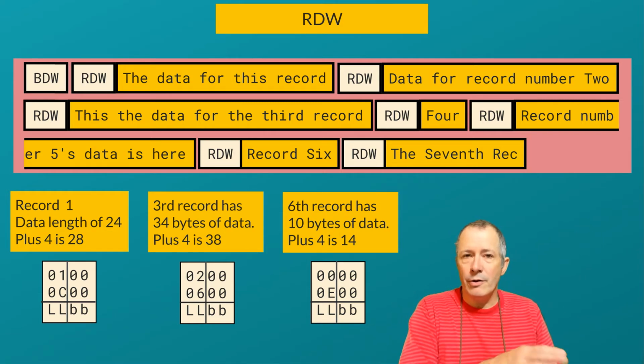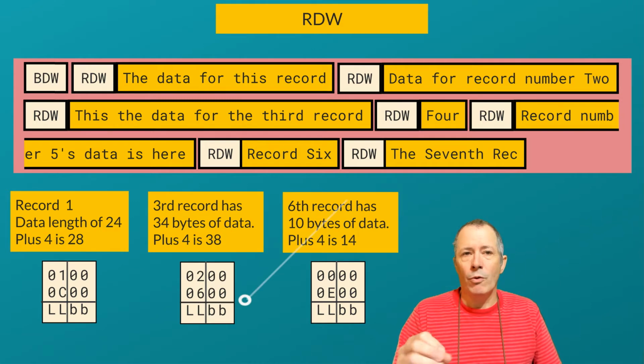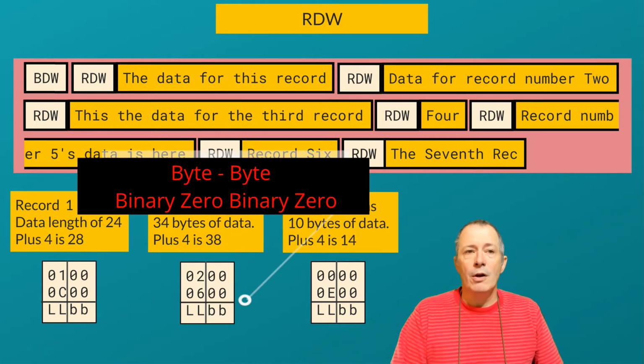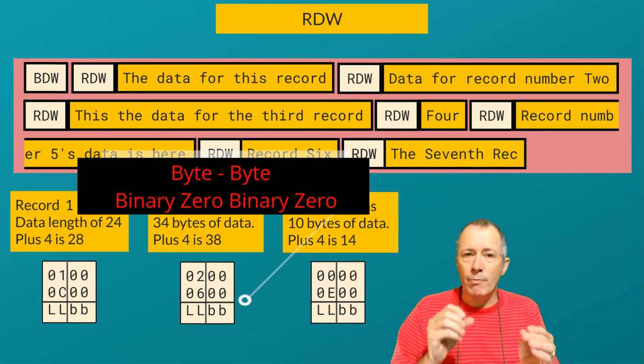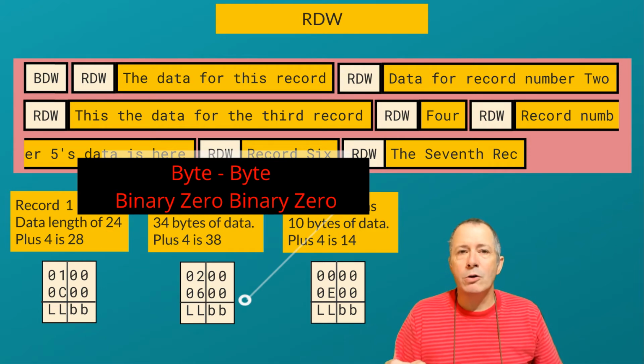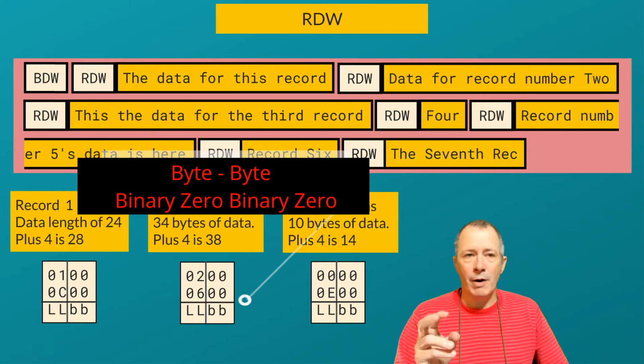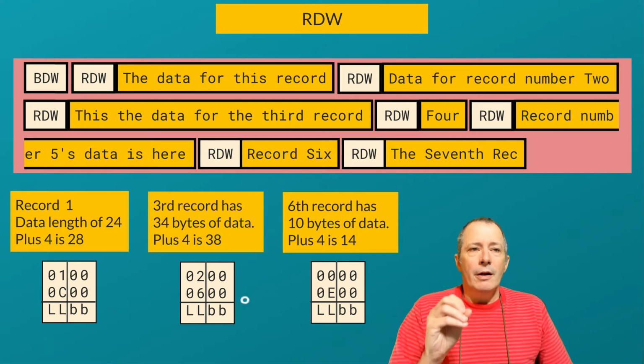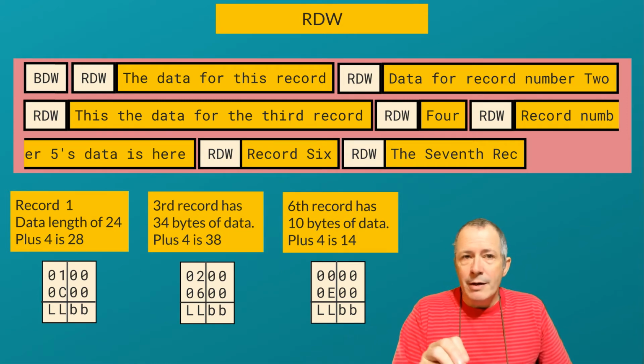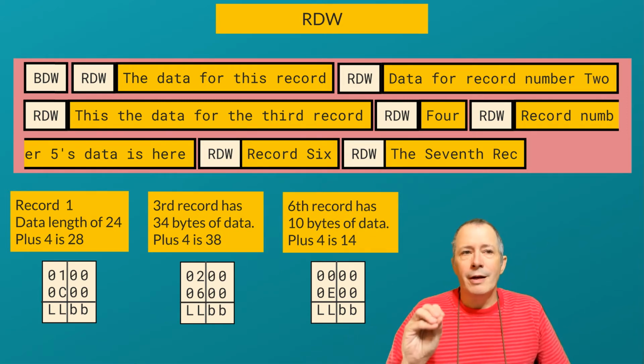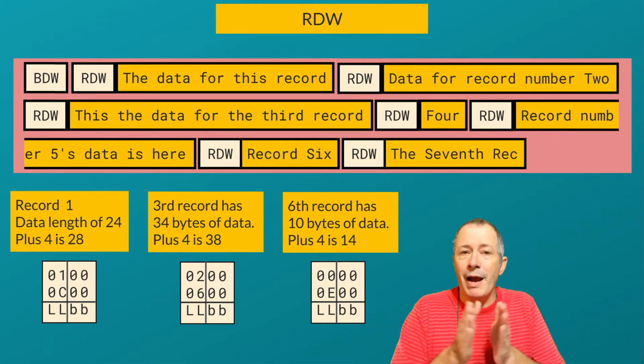As stated earlier, I don't know what BB stands for. When coding a similar program, I was told to set it to binary 0 because those 2 bytes are almost always binary 0. If the value of the BB is non-zero, it is used to control spanned records.